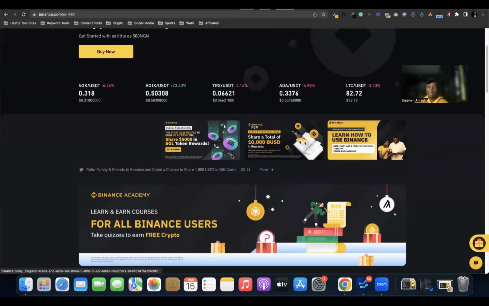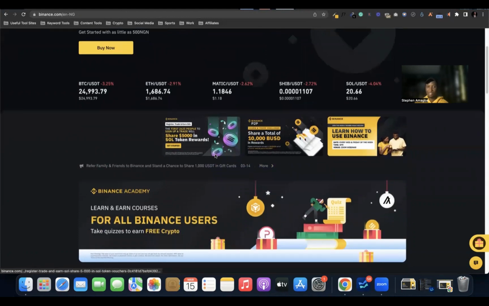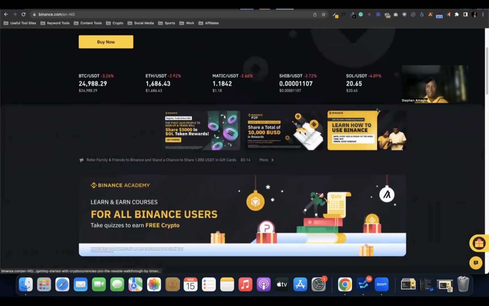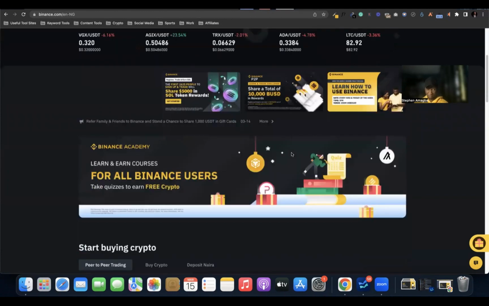If you have any announcements and active campaigns, you're going to see them here, so take note of that. Remember, Binance is running periodic referral campaigns where you can perform some basic simple tasks and get a reward. This is where you should look out for them and get updates on these campaigns and challenges.